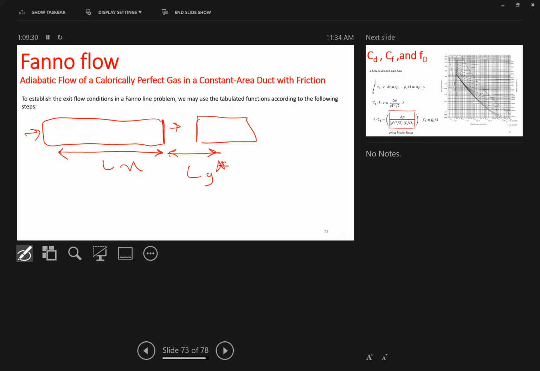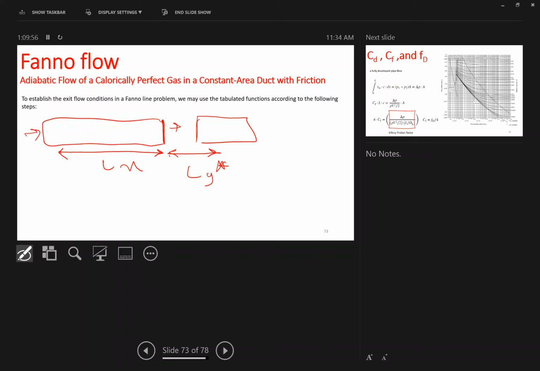If Lx plus Ly star is equal to the length of the duct, it means that your guess for the value of the Mach number was correct, right? Does this make sense? Everyone? Let me hear it from everyone.